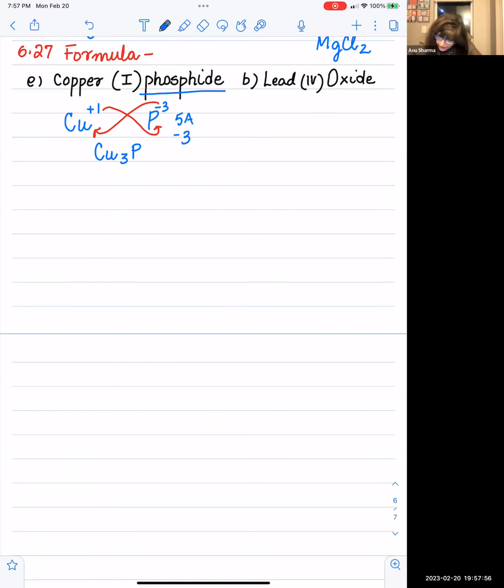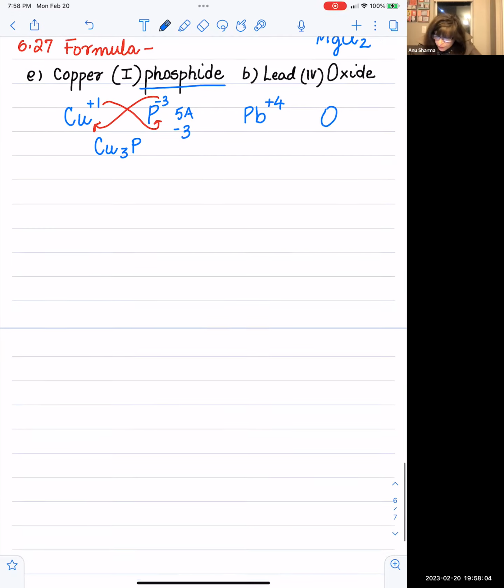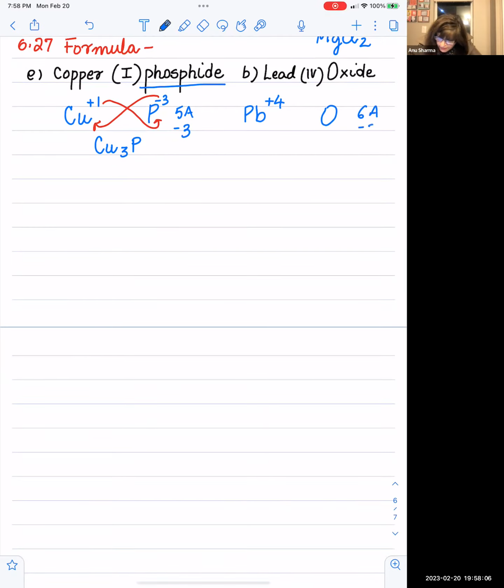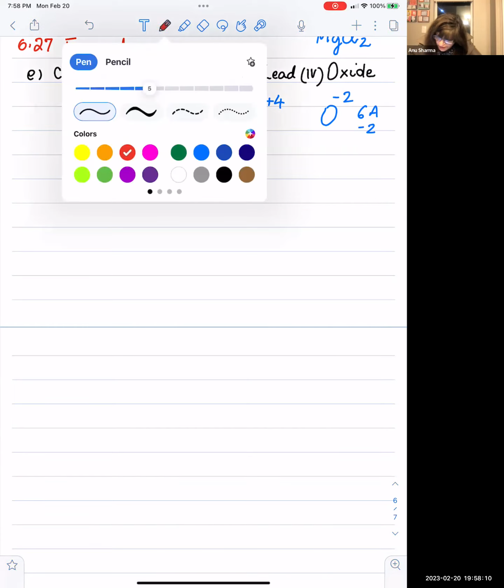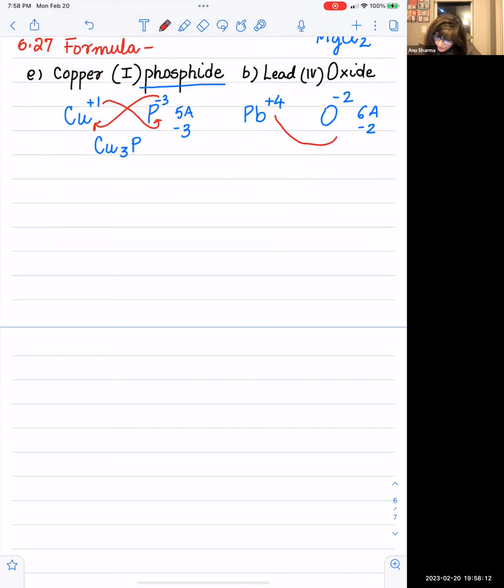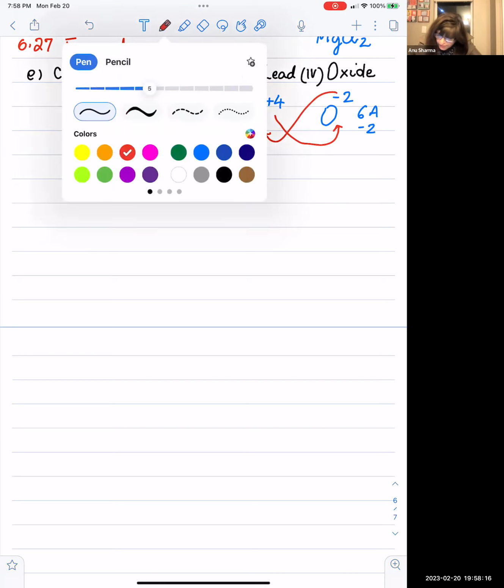Now lead 4 oxide, that's interesting. Lead 4 means Pb +4, lead is a metal. Oxygen is oxide, group 6A, charge is -2. Now crisscross. Now you have to look at one very important thing, and that is the lowest whole number ratio.